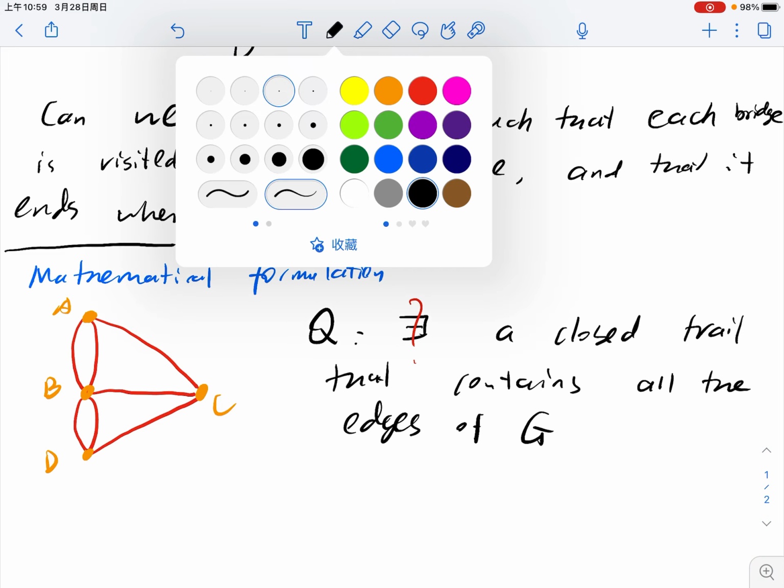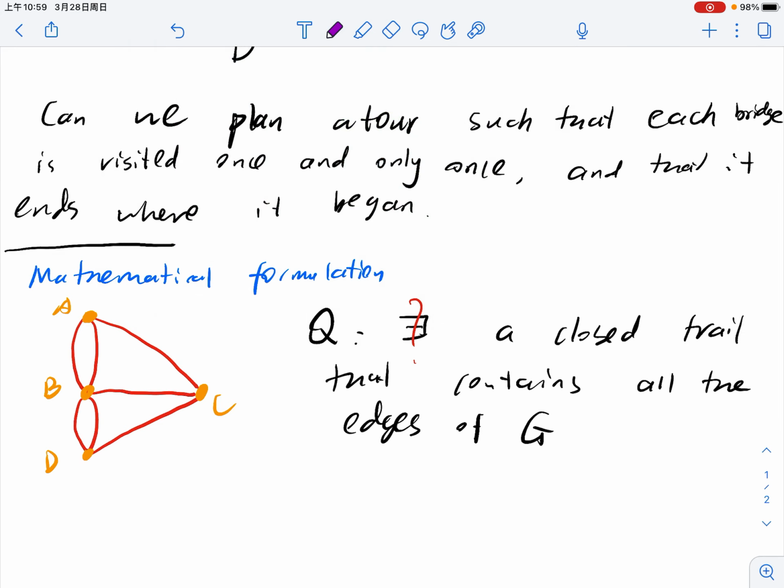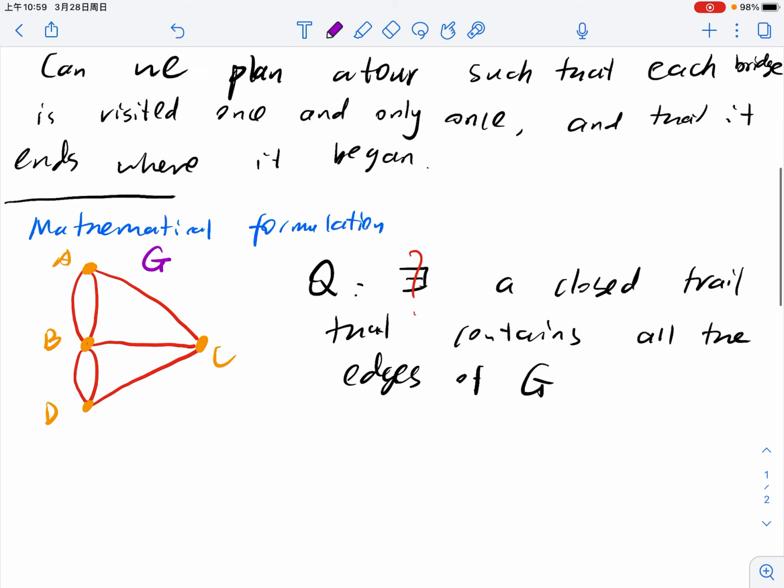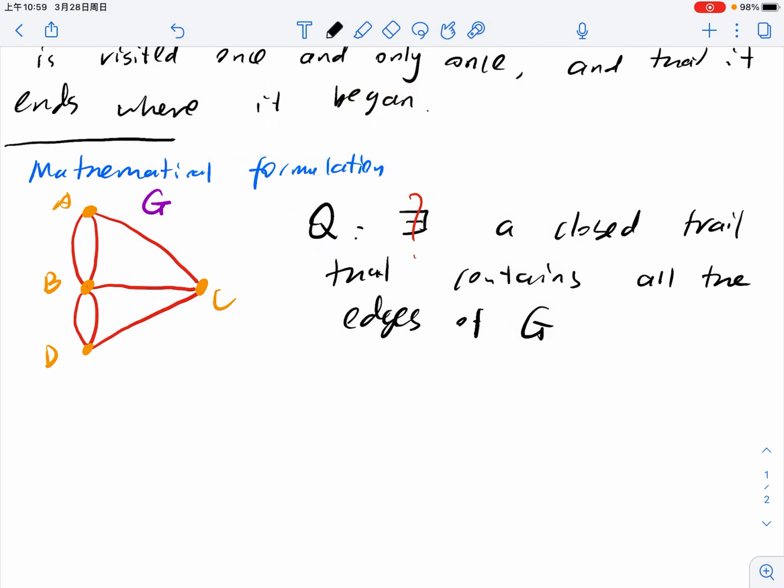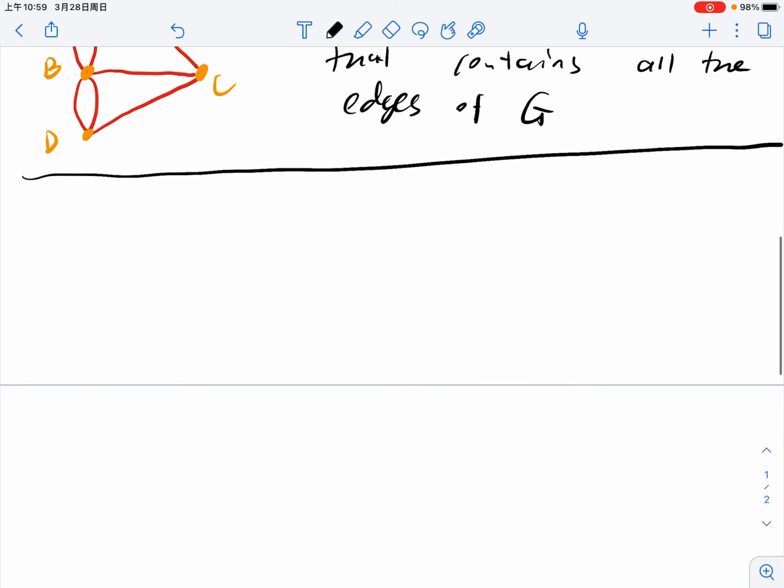Here G is a graph. Now it's a purely graph theory problem. This is a typical situation that appears in reality. For example, if you have a postman who wants to deliver mail every day, you have a similar problem.